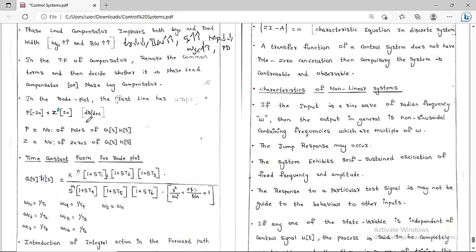The next point is, in the transfer function of the compensator, remove the common terms and then decide whether it is a phase lead compensator or a phase lag compensator.